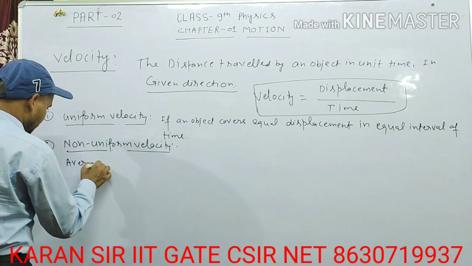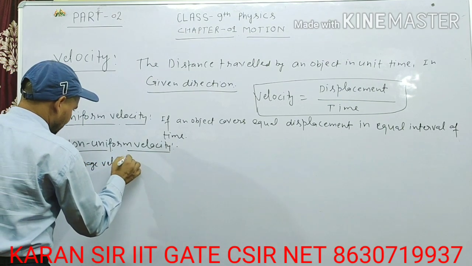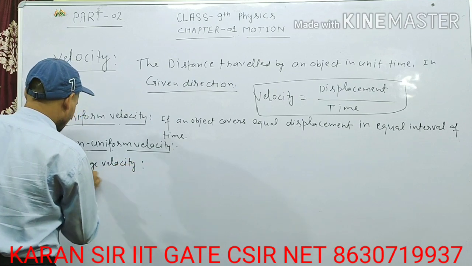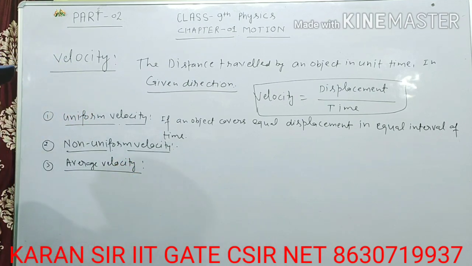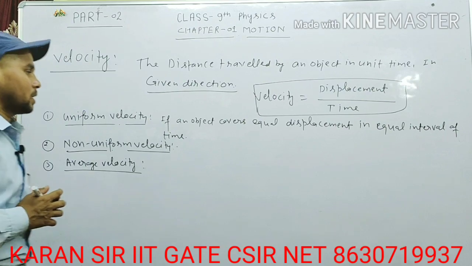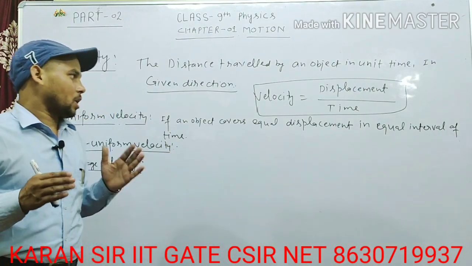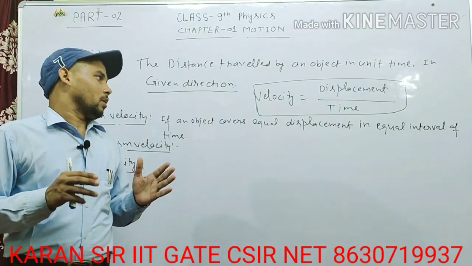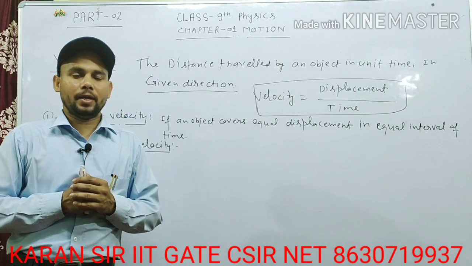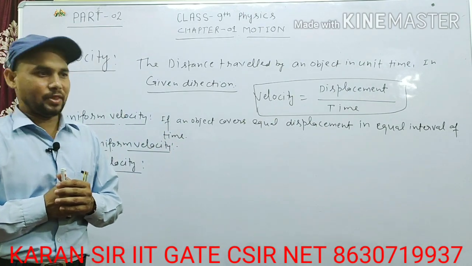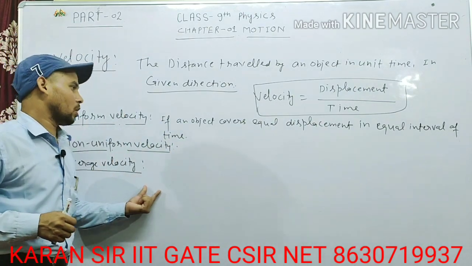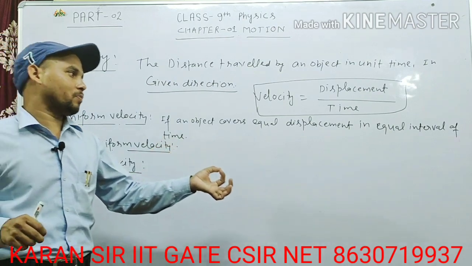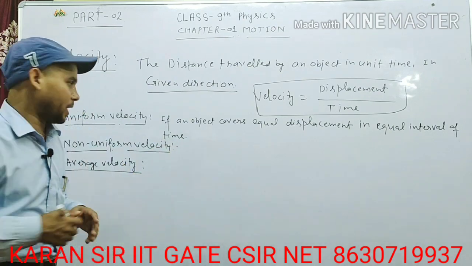Now, we will talk about the average velocity. So, what is the average velocity? Average velocity is when an object covers the total displacement per unit time. That is, average velocity equal to the total displacement upon total time taken.